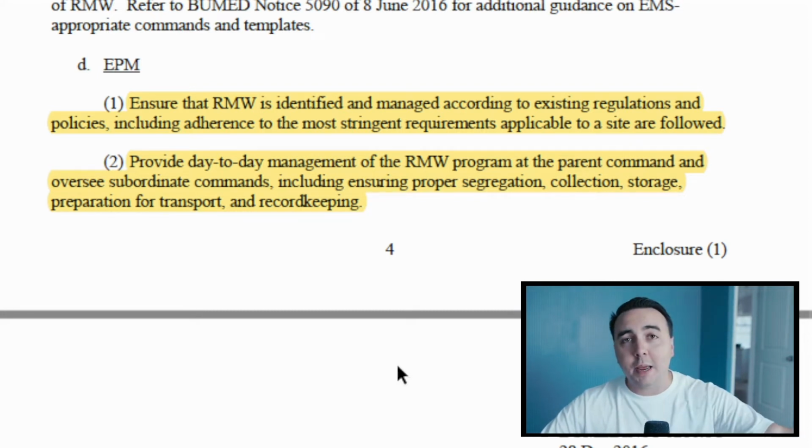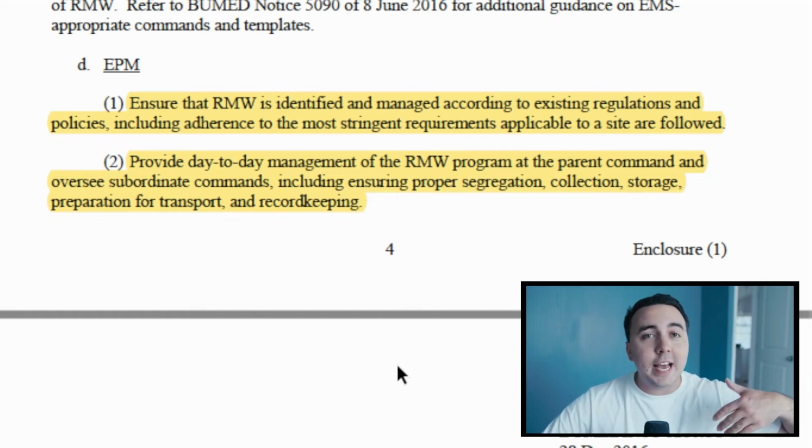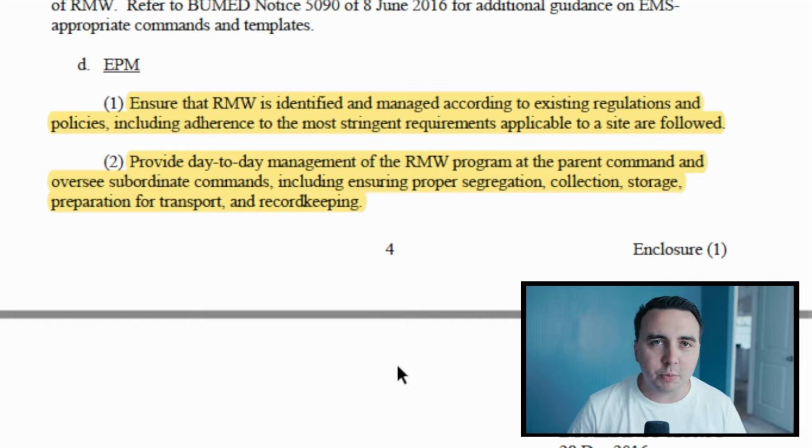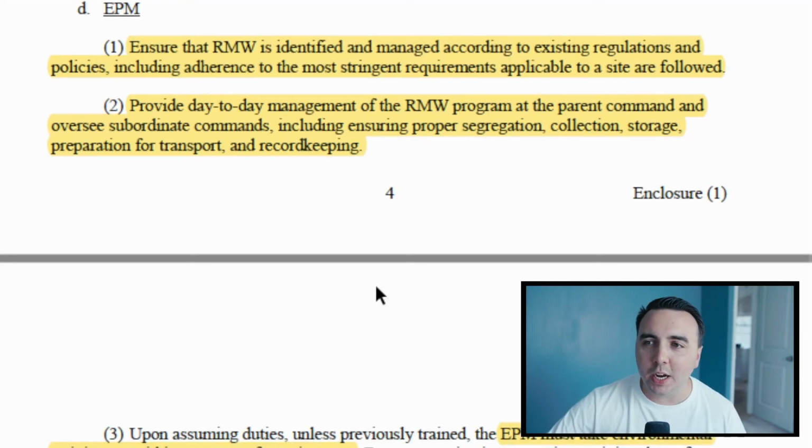Like I mentioned, if something locally in Japan is a little bit more stringent, you're going to follow that, and they would make sure that you guys do follow that. But if not, they would follow this instruction, which is the BUMED instruction 6280. They will provide day-to-day management of the regulated medical waste program at the parent command and oversee subordinate commands, including ensuring proper segregation, collection, storage, and preparation for transport and record keeping.